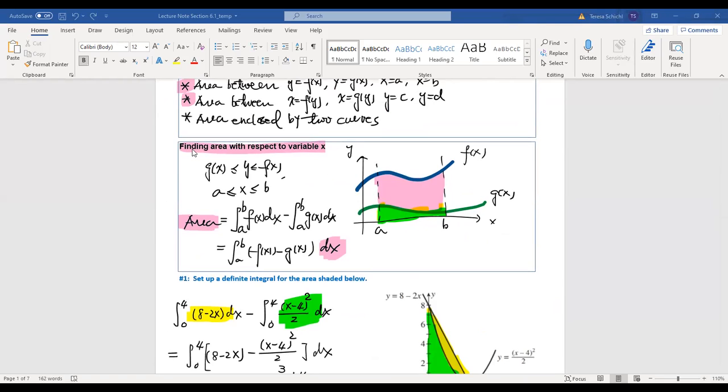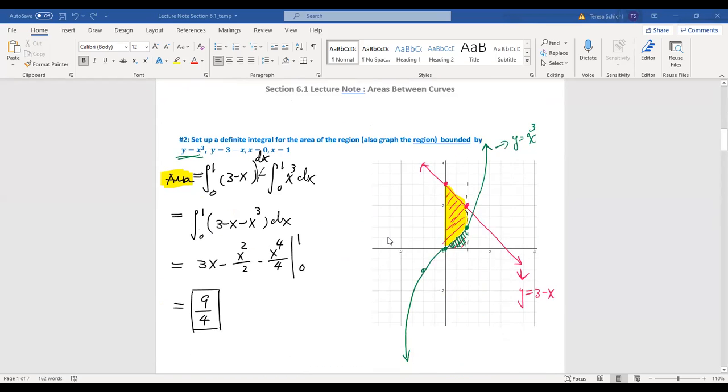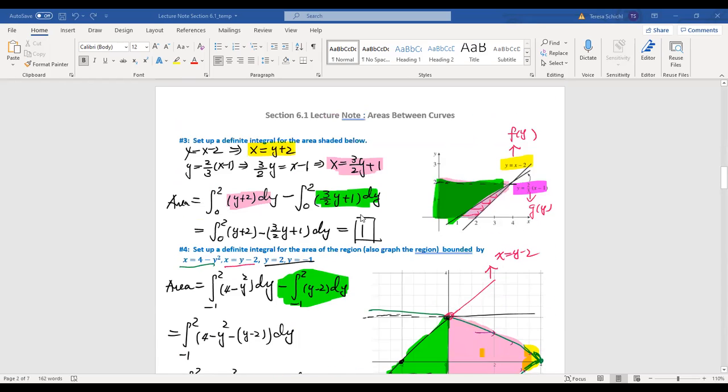So we basically talked about finding the area with respect to the variable x, and with respect to the variable y.